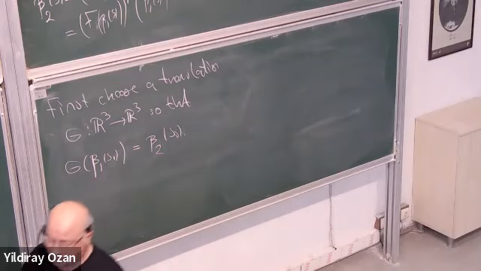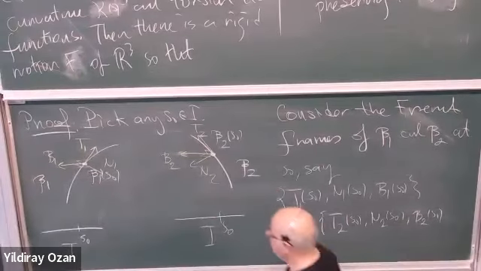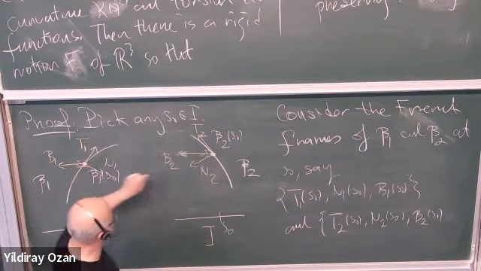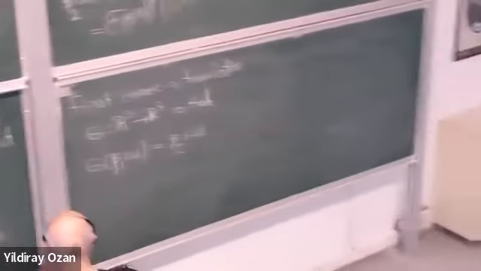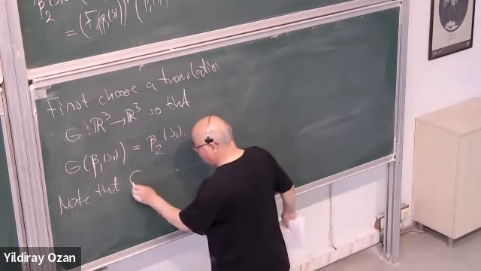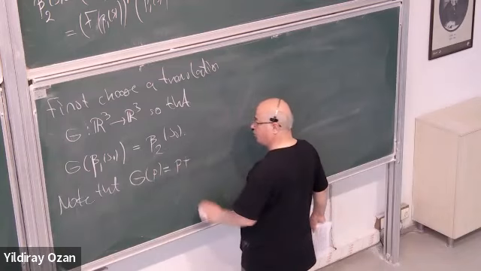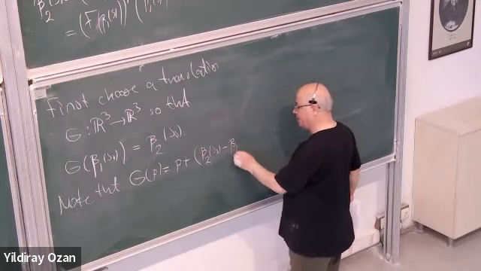So what is this G map? G map is the map which sends this point to this point. Note that G of P is just P plus beta 2 S0 minus beta 1 S0.